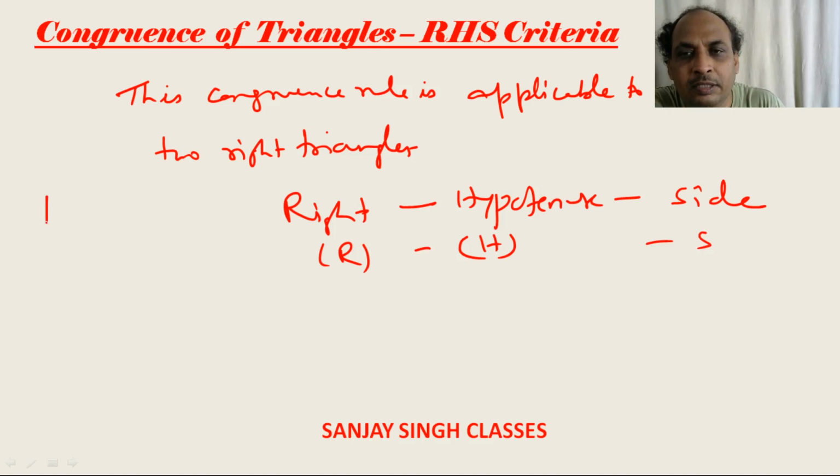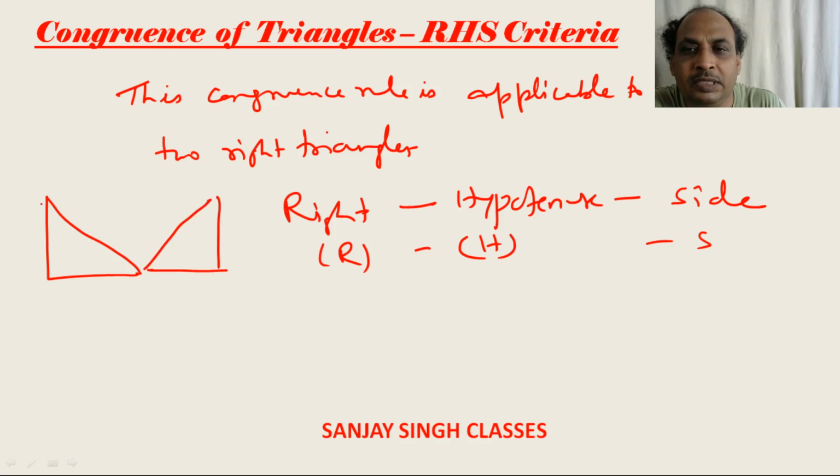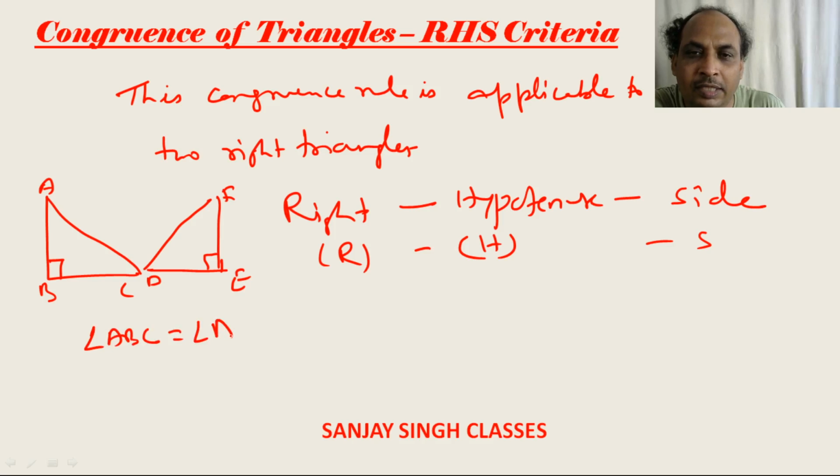It means two triangles can be said as congruent if they are right angled, means we can say angle ABC is equal to angle DEF is equal to 90 degrees, means right angle triangle.